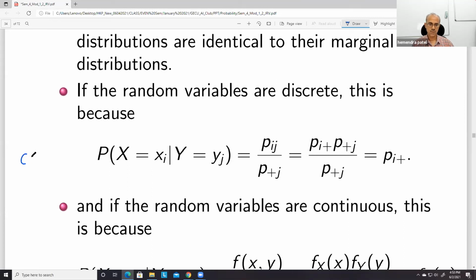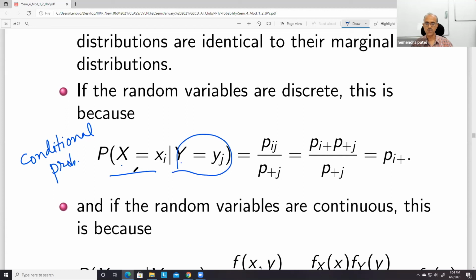So if both x and y are independent, then the condition has no role to play.